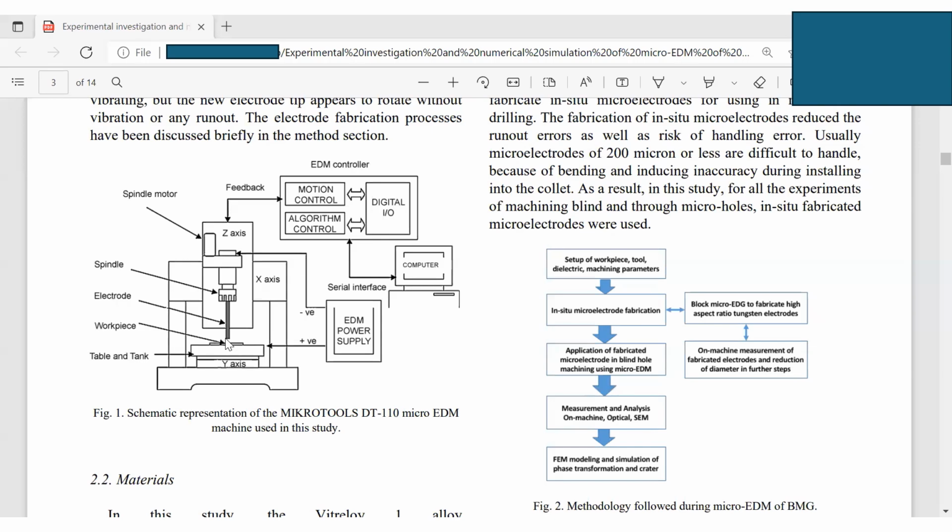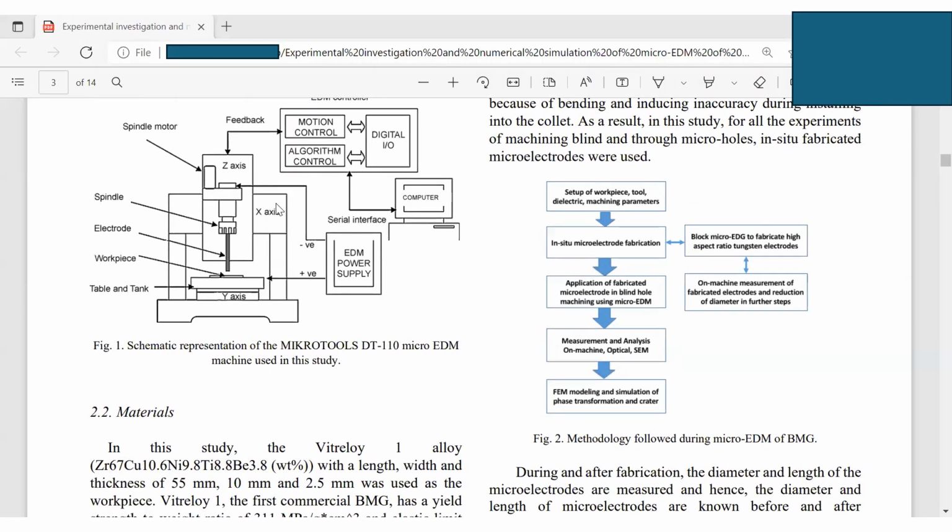Here is the workpiece we want to machine, and here are the table and the tank. This is the spindle motor to spin, and this is the electrode. This tank is used to contain the dielectric fluid for flushing the debris away. Right, so this is the setup.